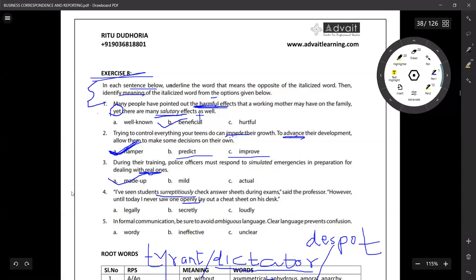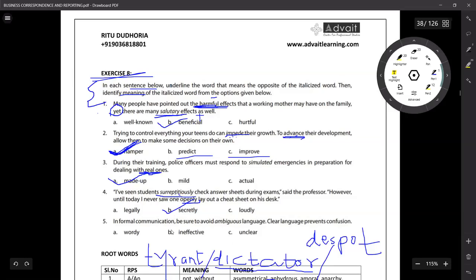They do it surreptitiously. So what is surreptitiously? Secretly. Correct. So people do it secretly. Nobody does it openly. Okay. Loudly will be only for your voice. Surreptitiously and openly are opposites.